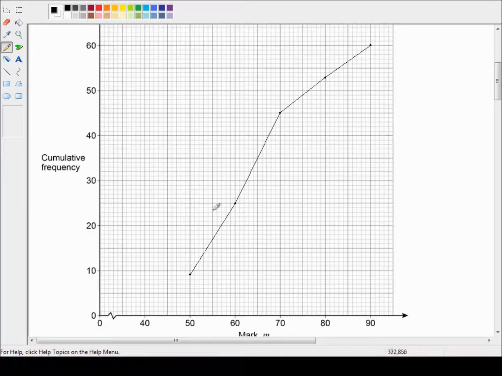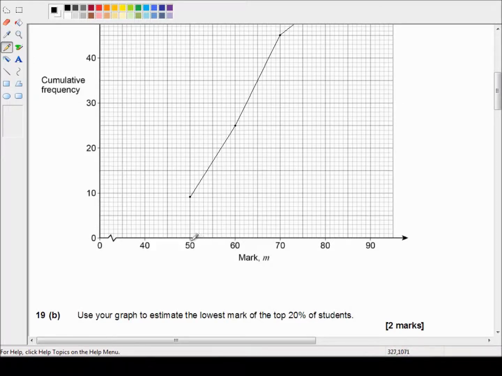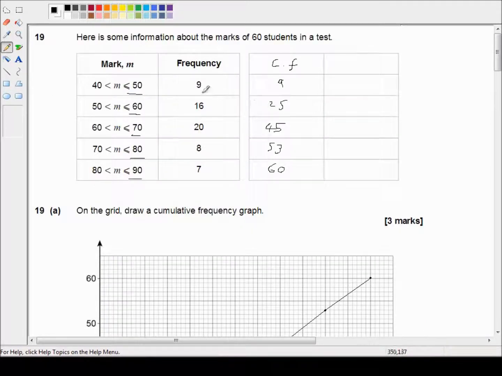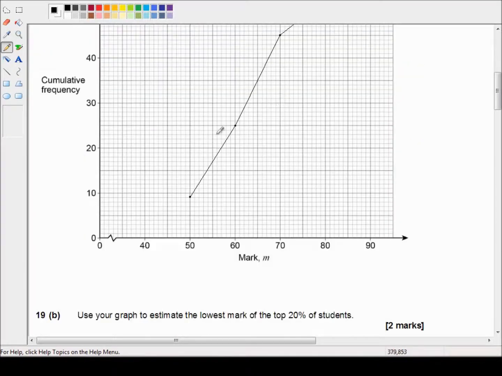I've already drawn the axes because I have difficulty drawing, so I've taken the liberty of doing the time-consuming stuff already. So at 50, our first coordinate is 9. So this will be our x plot, and this is our y. So at 50, we're going up to 9, and 9 is just one little square less than 10.